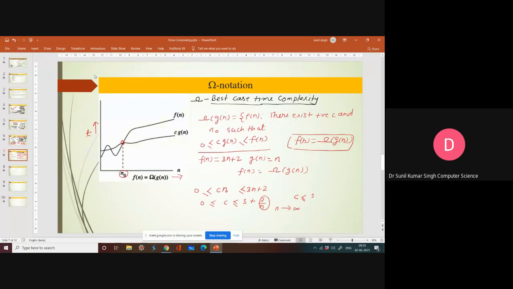So the minimum value of the right side expression can be 3. So whatever value we take for C, it must be less than or equal to 3, and of course greater than 0 because it is a positive constant. And for n naught, if we take 1, then it violates the condition.